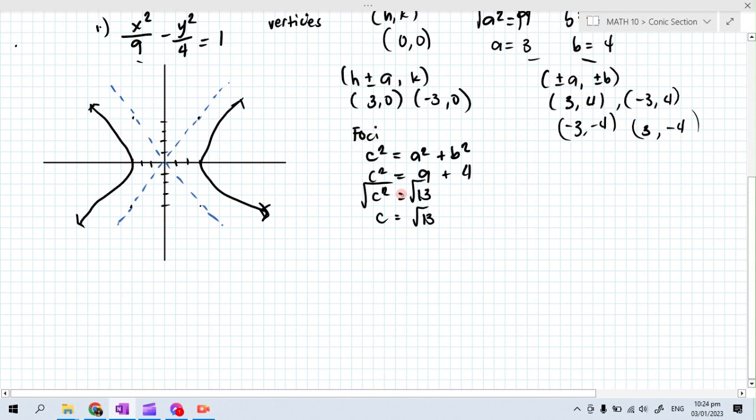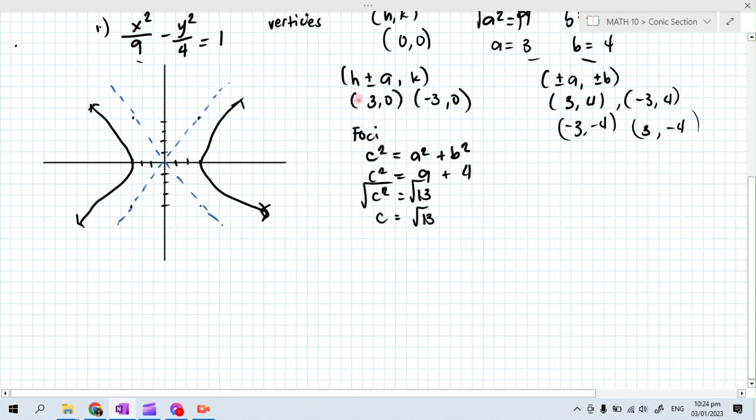Now, just like how we plot the foci of the ellipses last video, that is a process that will be used in plotting the foci of the hyperbola.